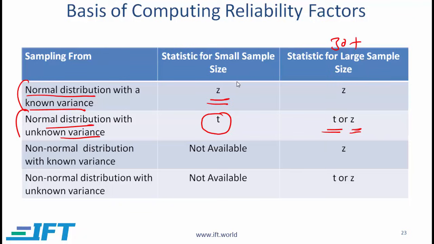You have to use a large sample size, and given that the variance is known, you should use the Z statistic. For a non-normal distribution with unknown variance, again, you cannot make a statistical inference if you have a small sample size. You need to have a large sample size, and there again, the theoretically appropriate statistic is T, but the Z statistic will also work.